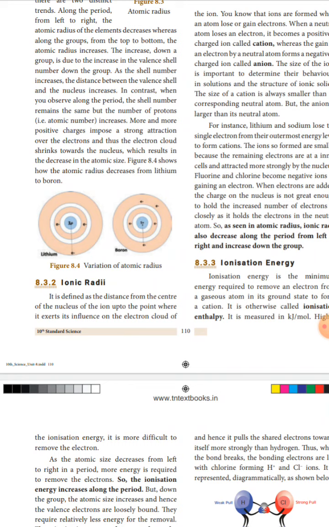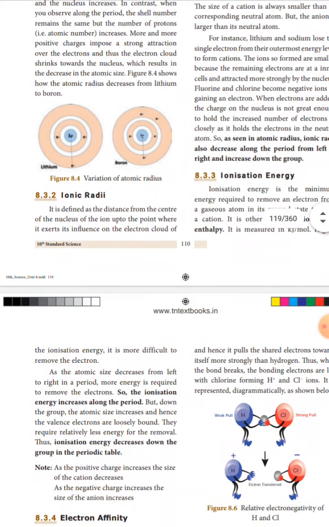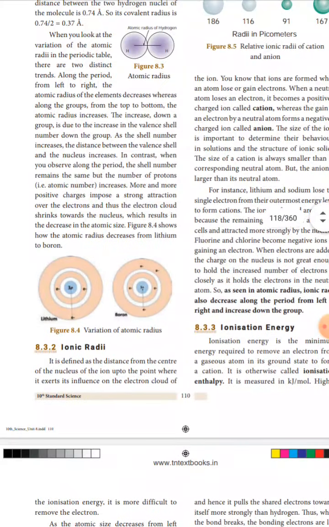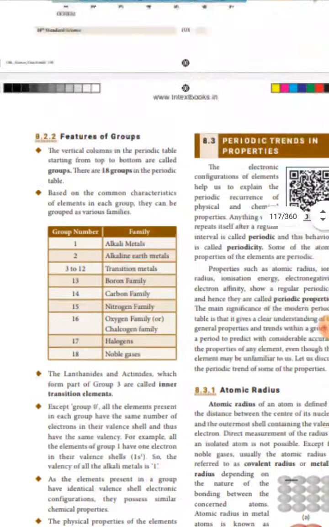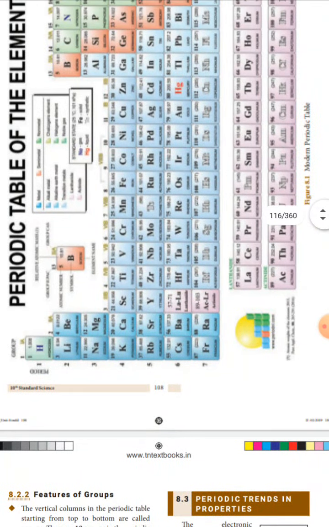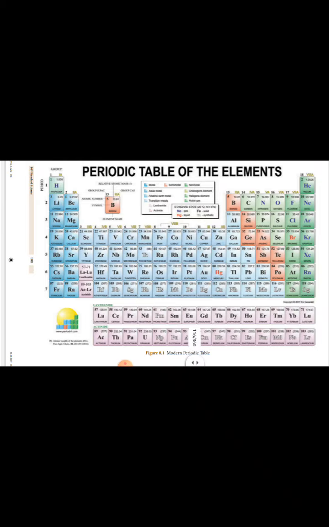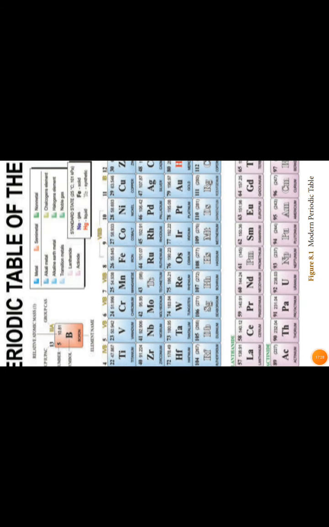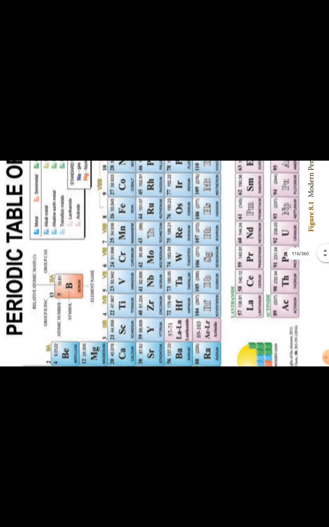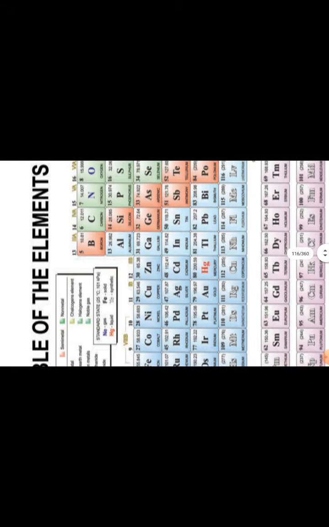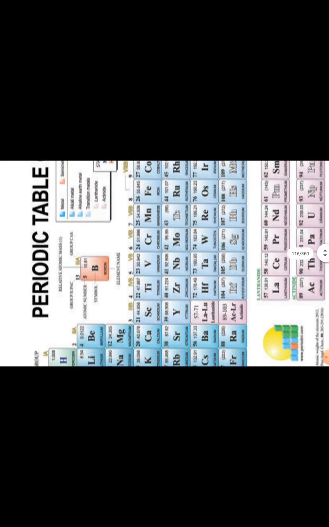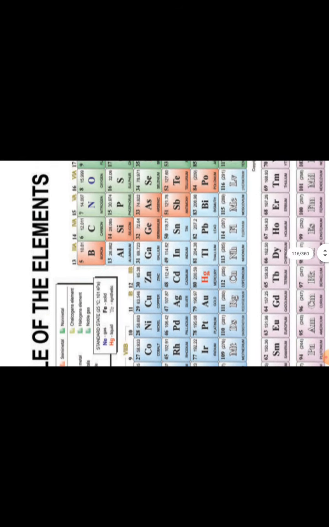So the electron cloud more or less increases compared to when you go from left to right in the modern periodic table. So you have to understand, when you take the modern periodic table: lithium, atomic number 3, beryllium 4, boron, carbon.